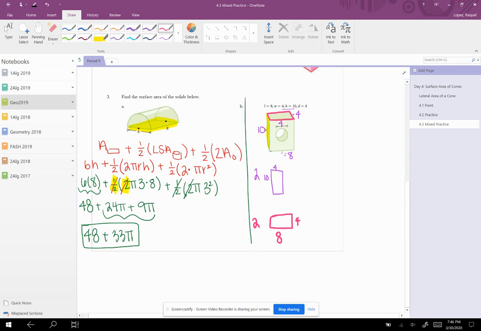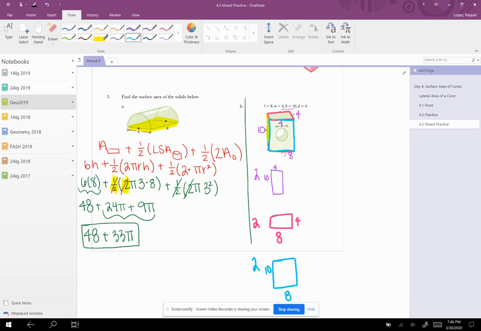Okay, so there's one on top there, and then there's this pink one on the bottom. And then you've got this rectangle that I'm highlighting in blue. You've got 2 of those. So you've got 2 rectangles with dimensions 8 and 10. Okay, so I've just gone ahead and laid that out for us.